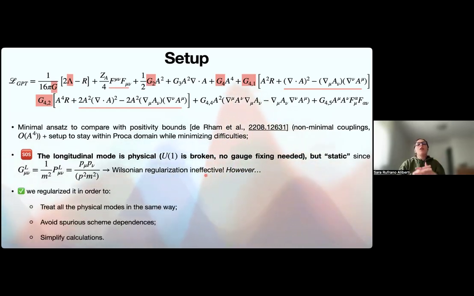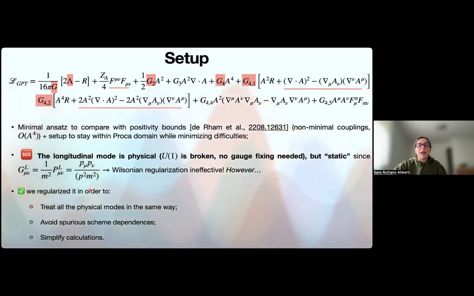However, in order to treat all the physical modes in the same way and to avoid spurious scheme dependencies, and also to simplify our calculations, we regularize it in the same way as the transverse mode, okay?